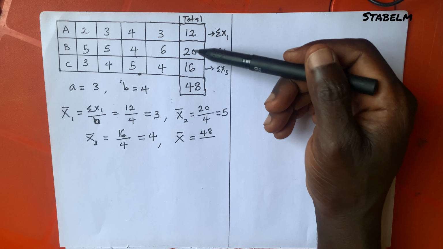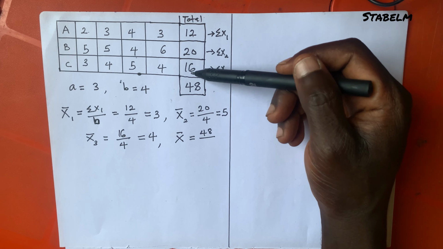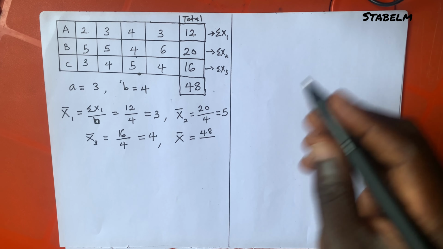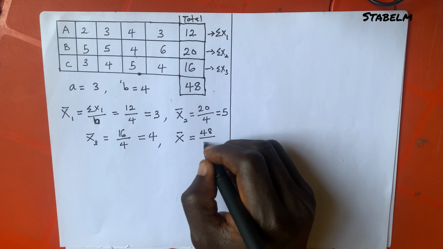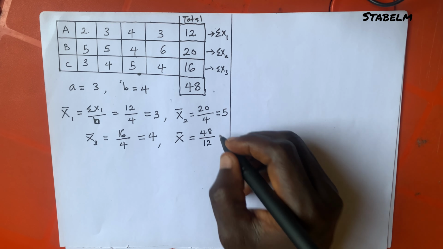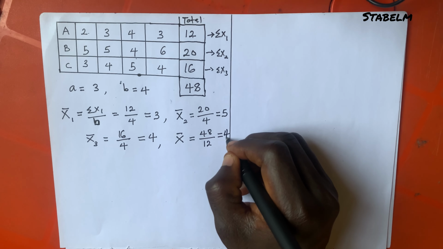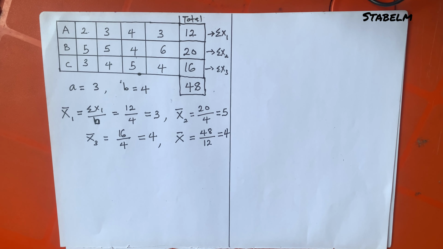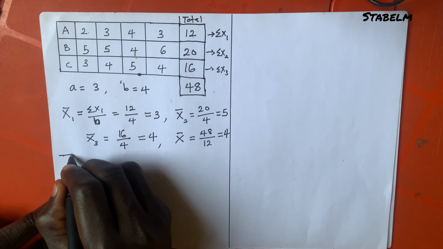We have 4 observations, 4 observations, 4 observations, so if you add everything you definitely have 12 observations. So 48 divided by 12 definitely gives us 4, which means the grand mean is equal to 4. Alright, so let's start with total variation.